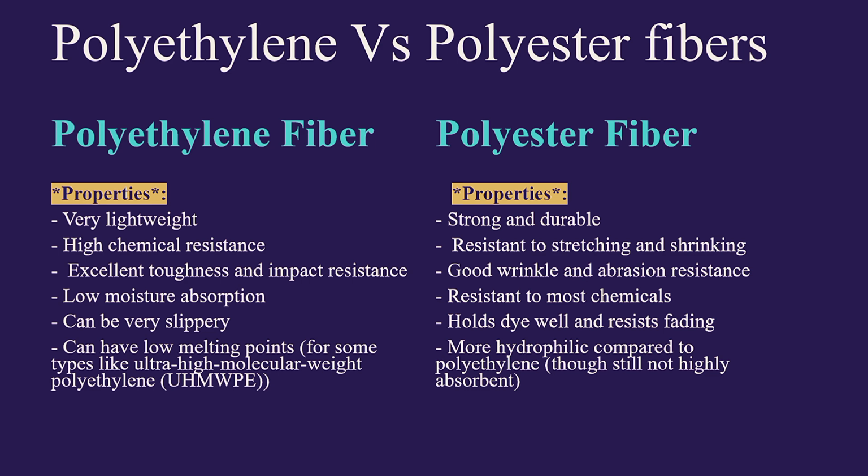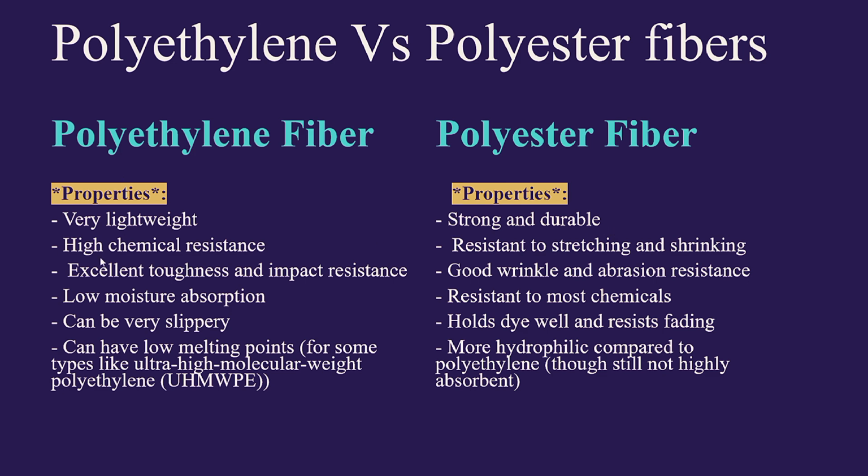Further, the difference among different properties of these fibers. First, polyethylene fiber is very lightweight, while polyester is strong and durable. Polyethylene fiber has high chemical resistance, and polyester is resistant to stretching and shrinkage.